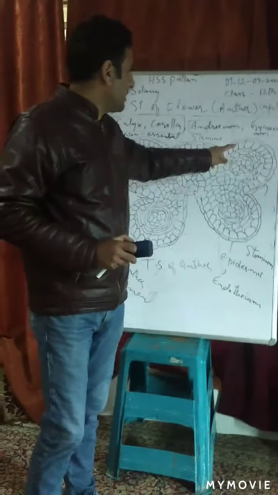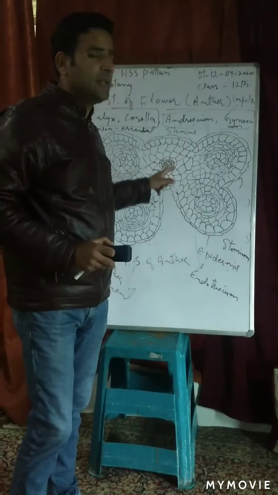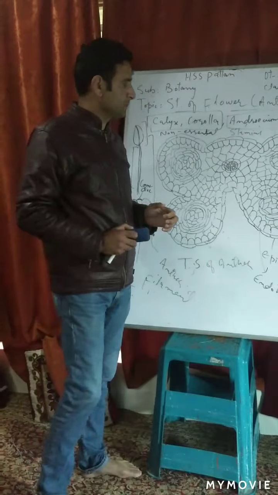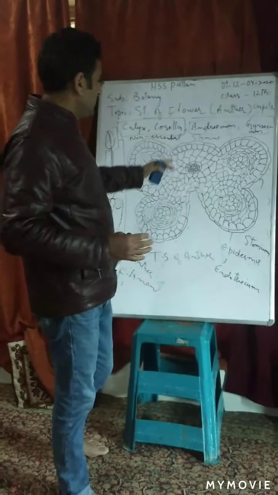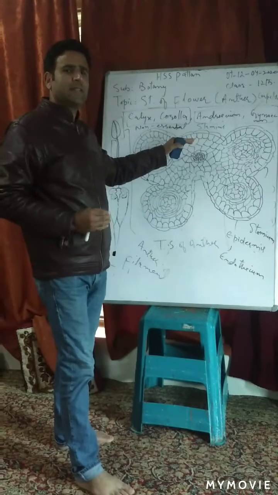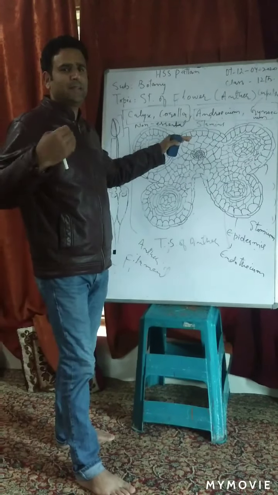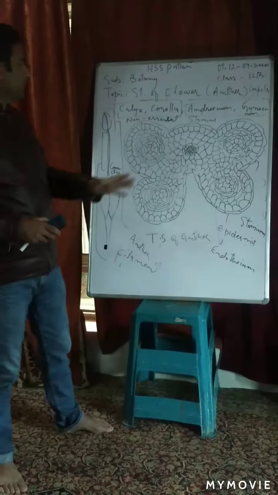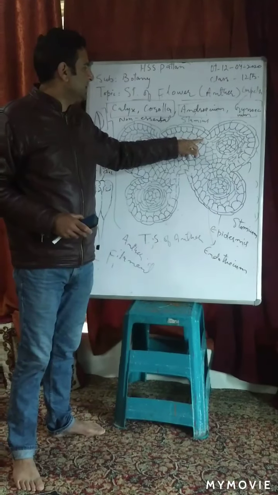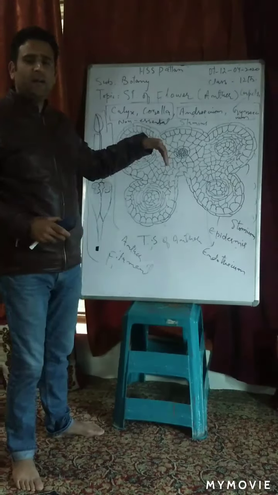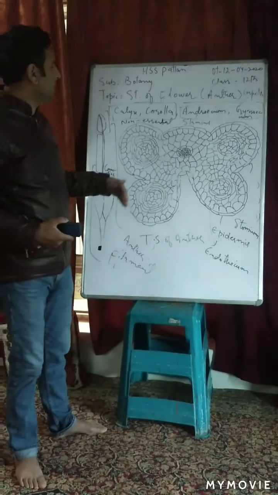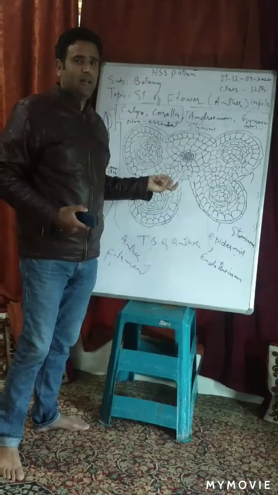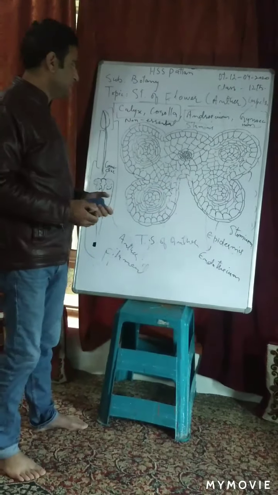It is thicker because its radial walls and inner walls are thickened due to deposition of cellulose. Since the anther is in different stages of development, in its earlier development these cells are immature, and as development proceeds they are converted into dead cells at the final stages.